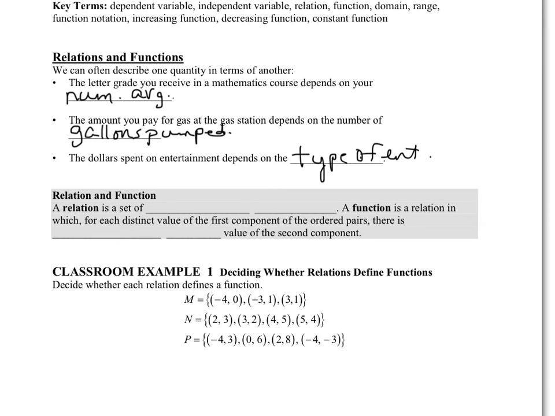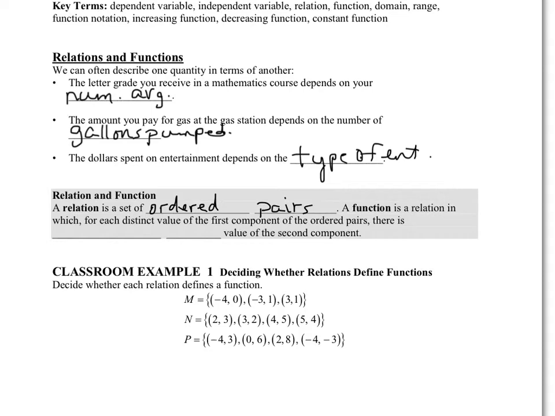Therefore, we get to a definition for a relation. It is simply a set of ordered pairs. If it is possible to pair up items, now notice it doesn't even have to be exclusively numbers. You can put a pairing together of things where maybe they're categories of things.